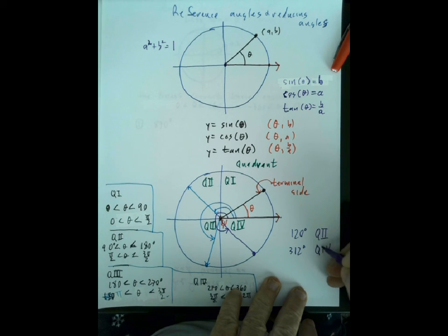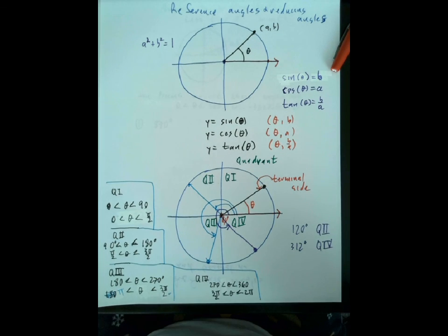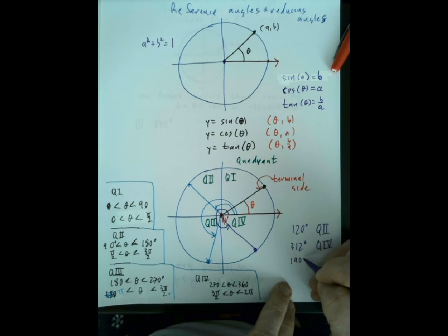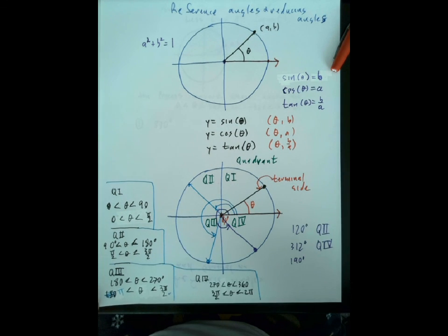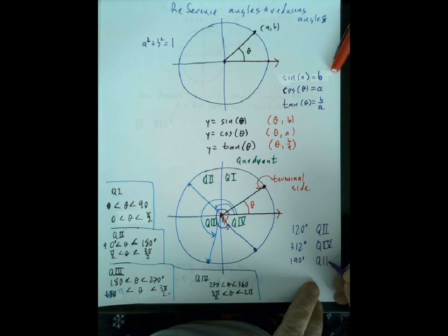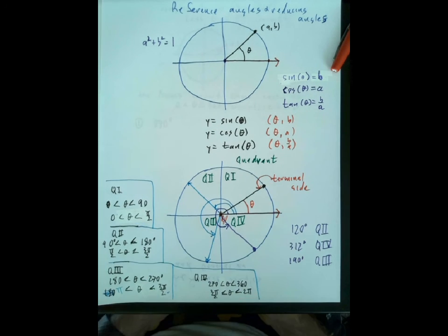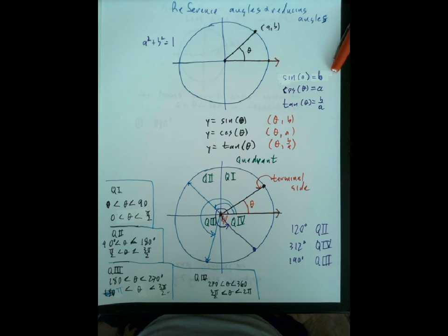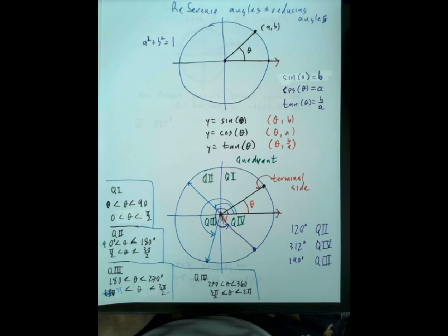We would simply write Q4 like that. How about 190? Well, 190 is between 180 and 270, so that would have to be Q3, and we'd label it like that. So we're going to have some questions where you're given some angle measures, and you're going to be deciding what quadrant it is in.